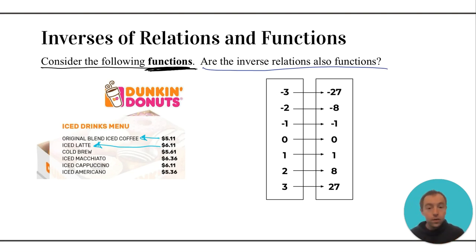For the Dunkin' Donuts menu, it would cause a little bit of a problem because you'll see that there are a couple of different menu items that do have the same price of $6.11.